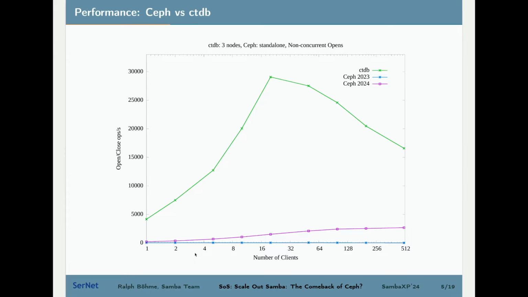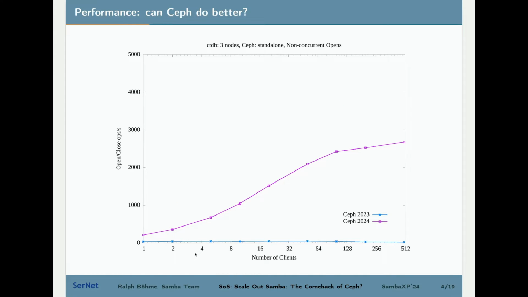So with CTDB, you see some maximum at something like 20 clients. You get a whopping 30,000 open and closes per second. And I think the maximum with Ceph here on the far right, going back to the previous slide, is something like 3,000.